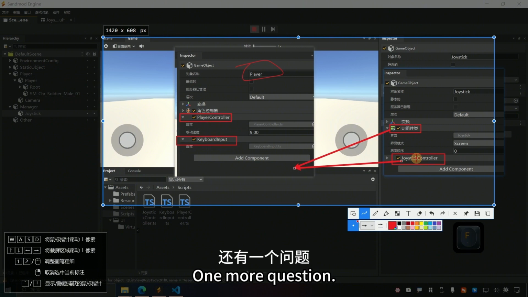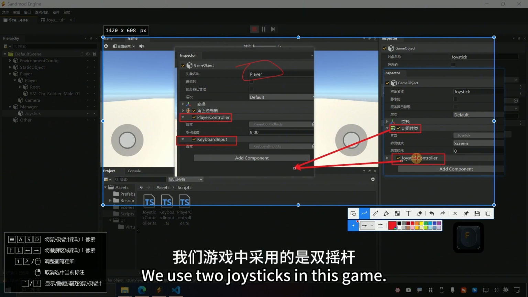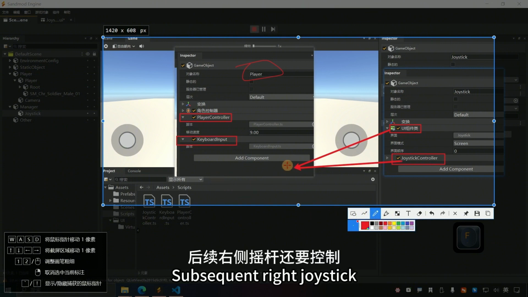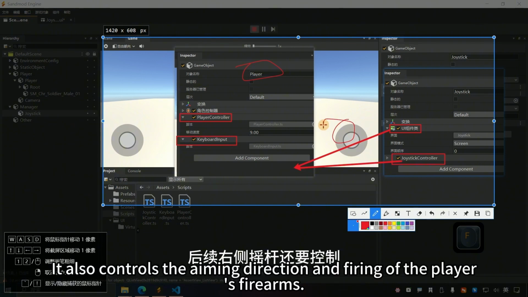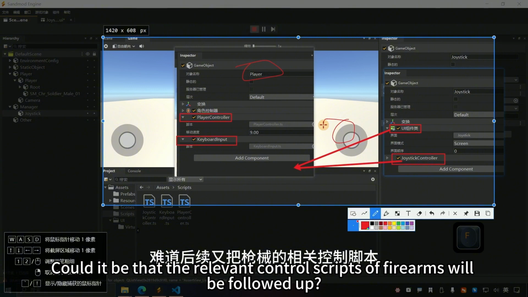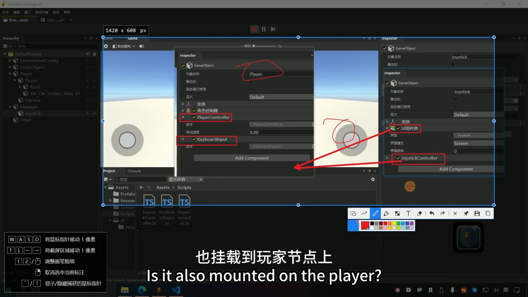One more question. We used two joysticks in this game. The right joystick will also control the aiming direction and firing of the player's firearms. What do you do? Could it be that the relevant control scripts of firearms will follow, and are also mounted on the player?